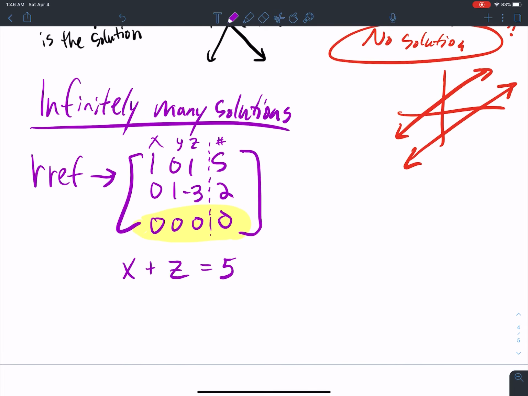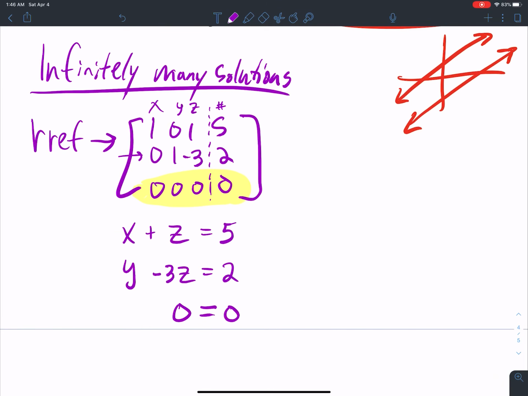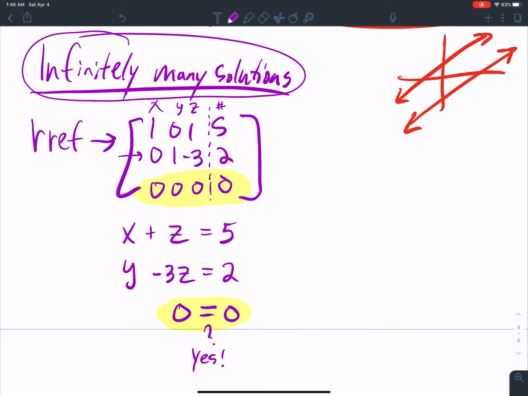What else do I have? On this row here, I've got Y minus 3Z equals 2. And then this last row says 0 equals 0. Is this true? Yeah, that's true. So when I have 0 equals 0, that's telling me right here I've got infinitely many solutions going on. So this statement here is always true no matter what value I plug in.